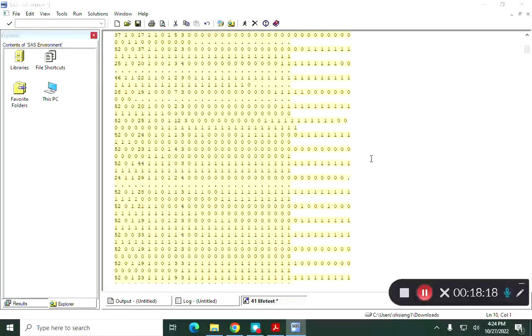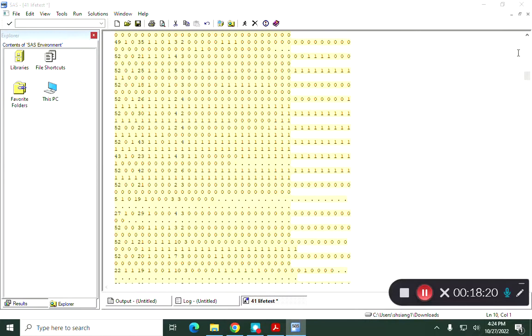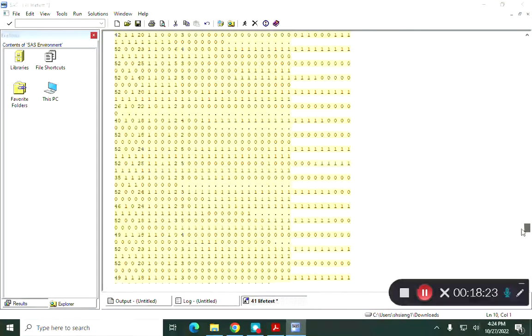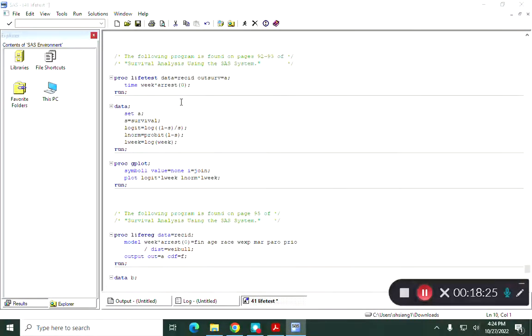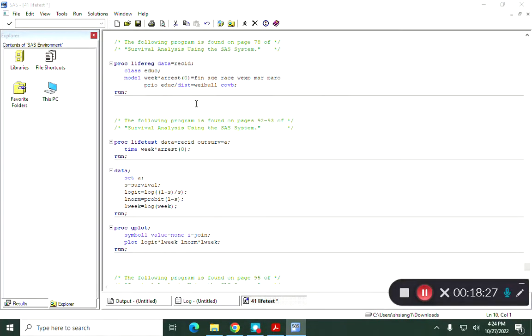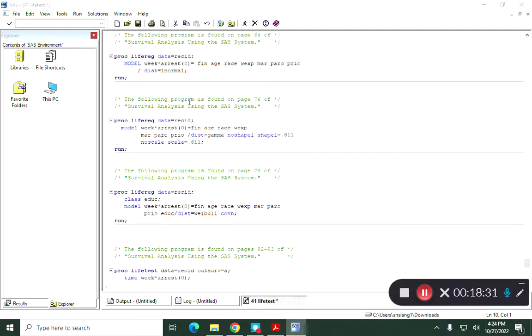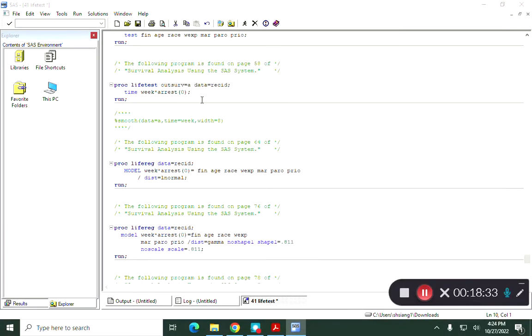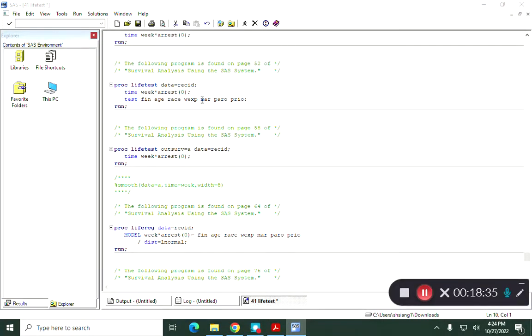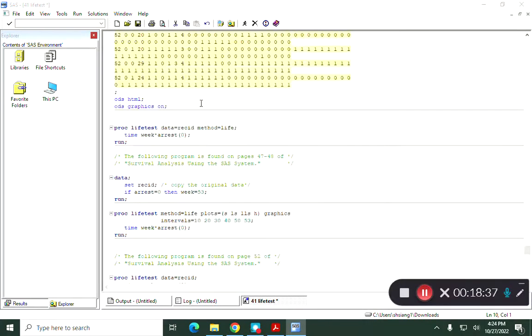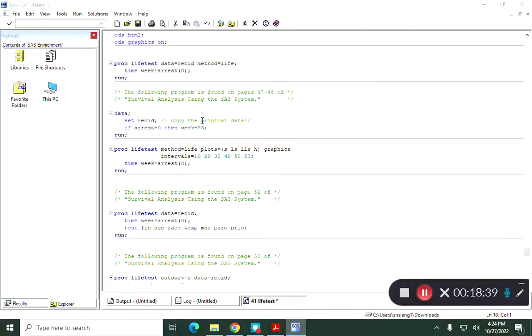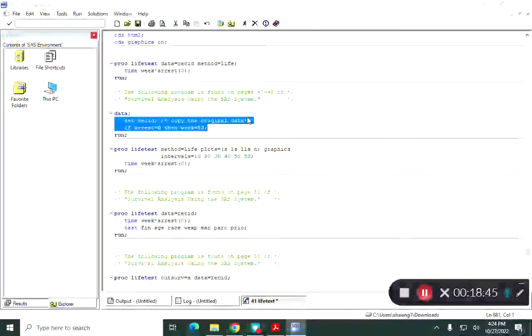So that's why here we said if arrest is equal to, oh, hold on a second. Where is it? Okay, right here. So this statement here is saying that if he's not arrested, then we give him 1 more.